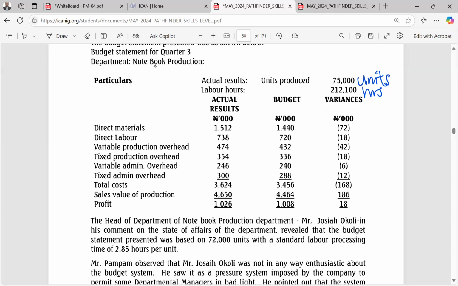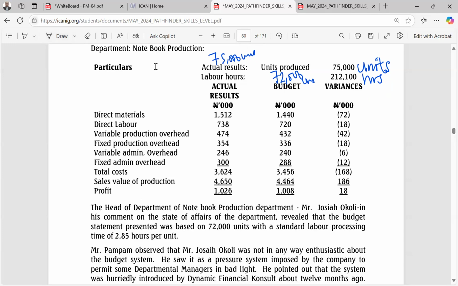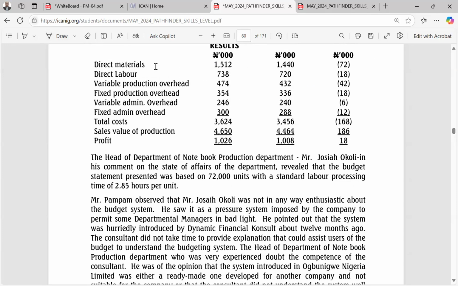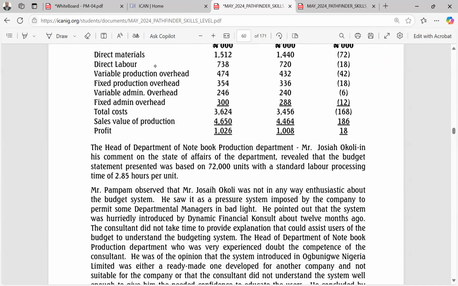So you see here, this budget here was based on 72,000 units, while this was based on what? 75,000 units. So you see now, 72,000 budgeted, actual was 75. And we are getting 18 as a favorable variance. Wow.